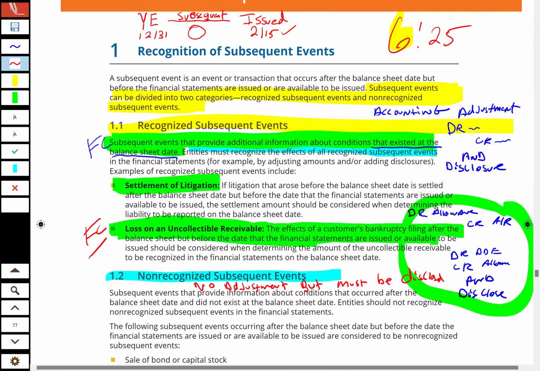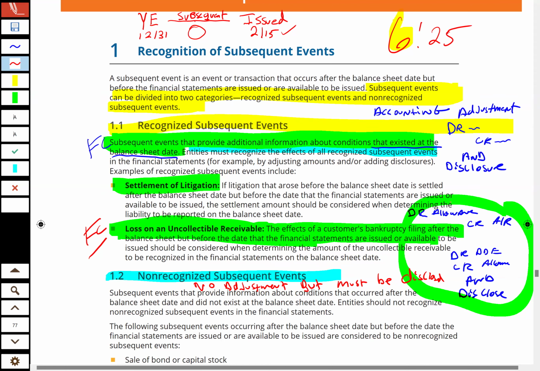Let's say for a non-recognized subsequent event, I have a client, and on January 10th, before the financial statements are issued, there's an explosion and it destroys a factory building. Was the factory there at December 31st?